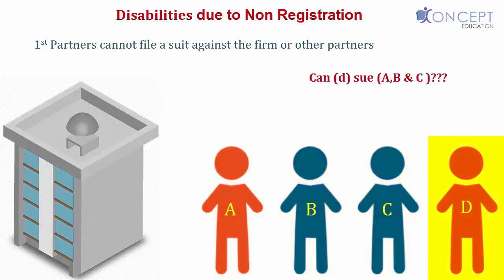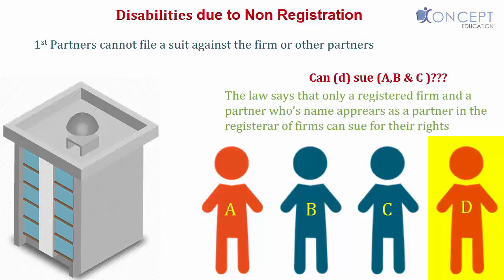Can D sue? Well, now the firm is registered. He should be able to sue, right? You might be thinking this, but this is wrong. Why? Because the law says that only a registered firm and a partner whose name appears as a partner in the registrar of the firms can sue for their rights.